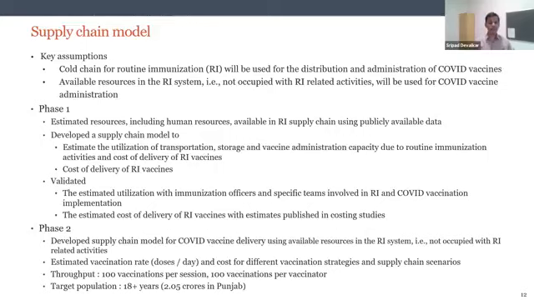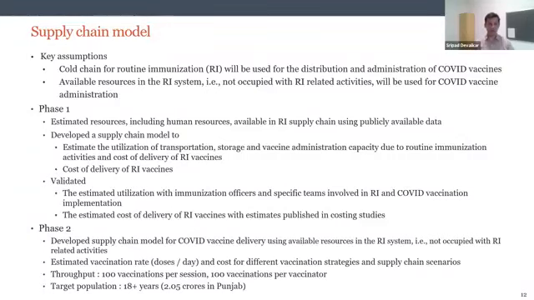Two basic assumptions that we made when modeling the supply chain for COVID vaccine delivery, because these are things that one doesn't have a parallel in the routine immunization supply chain, is one, how many vaccines can be delivered in a session? Because remember, in routine immunization the vaccines are being delivered to children, where it is possibly harder because children aren't still.